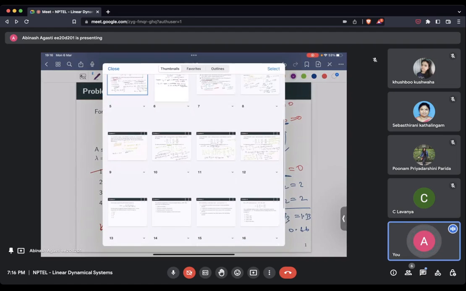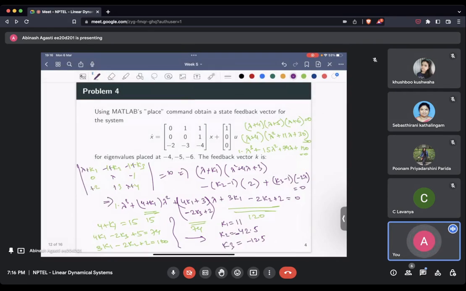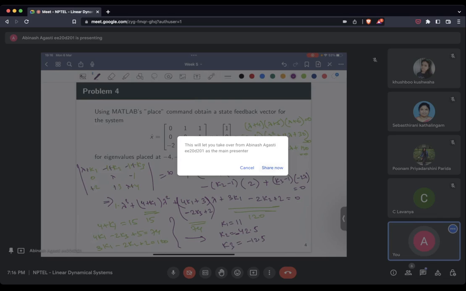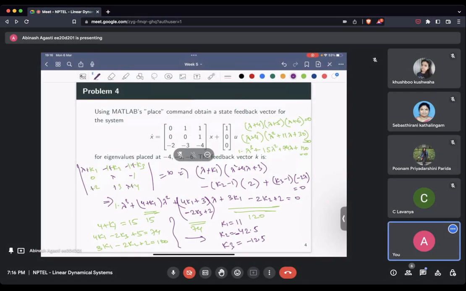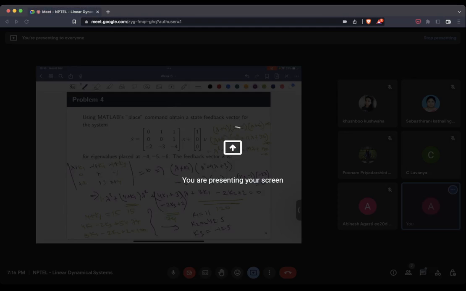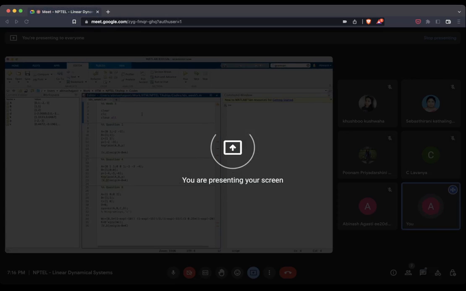But now this third order system has become so messy, and it was really difficult and time consuming to find the gain values. So for that, we'll take help of MATLAB, which will provide a reliable way to solve this question.